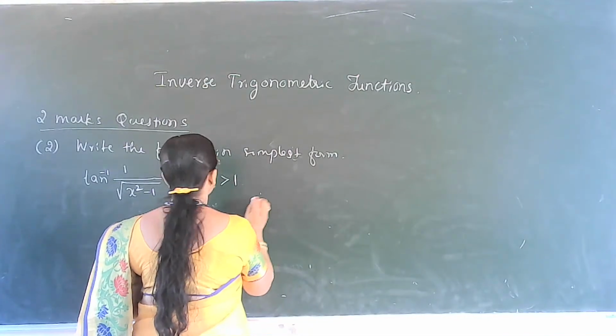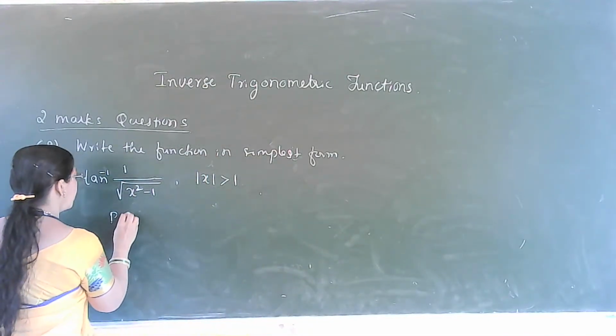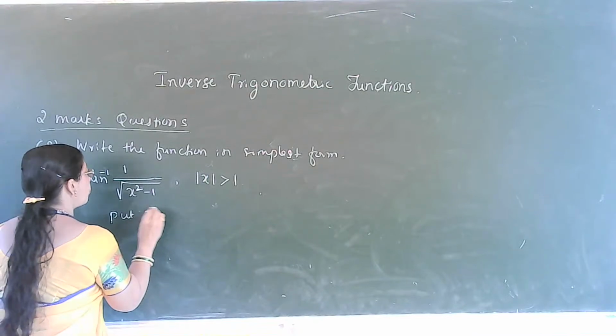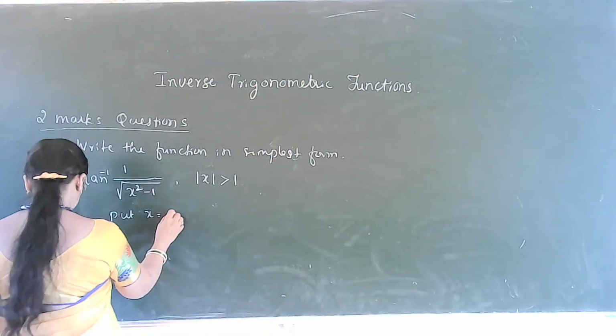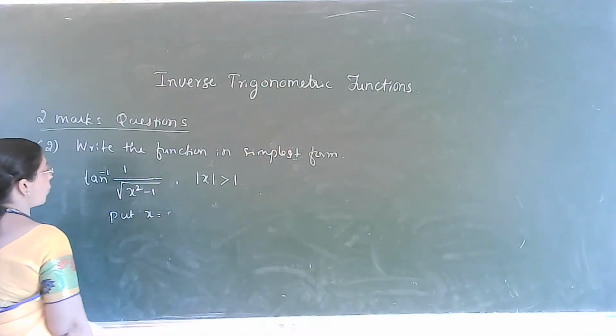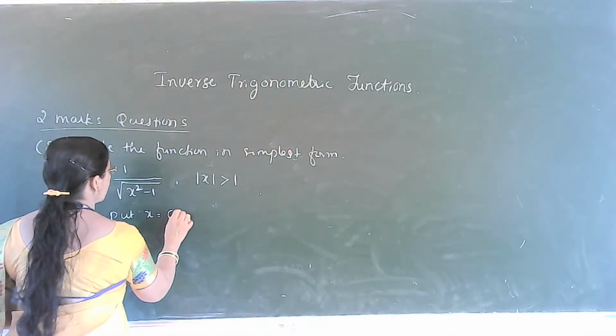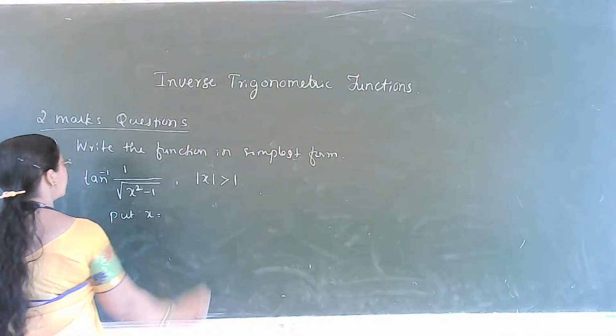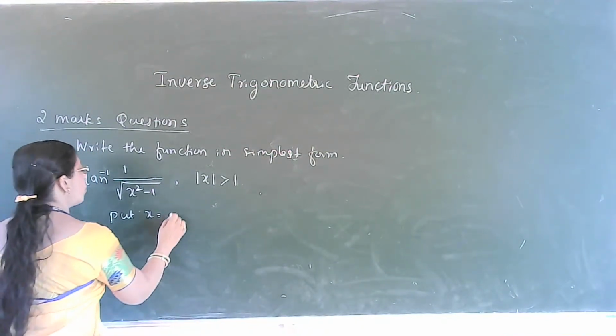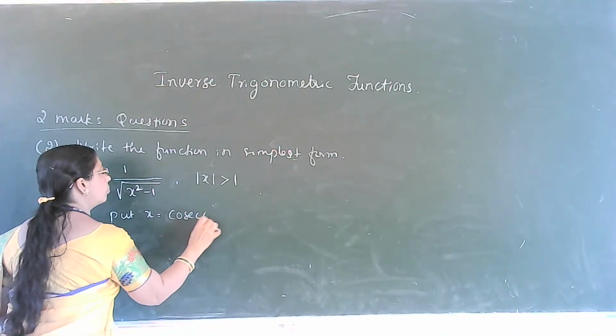We put x equal to sec square or cosec square minus 1, so x equal to cosec theta.